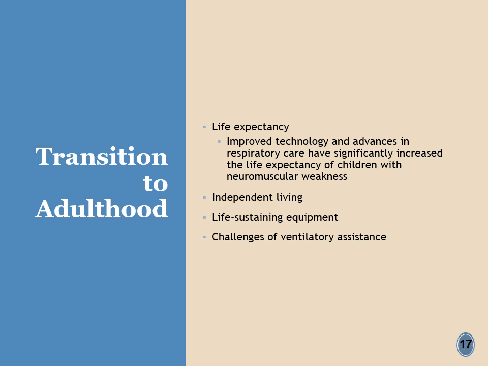Unfortunately, the timing of institutionalizing and assistive technology and skilled nursing remains dependent on the individual patient. Successful transition requires attention to challenges associated with providing ventilatory assistance to young adults with neuromuscular weakness.